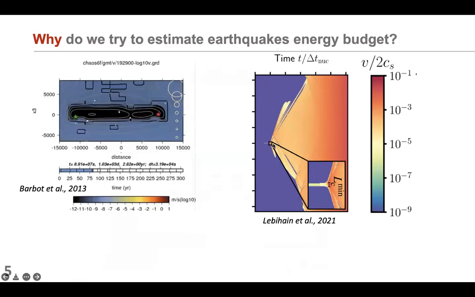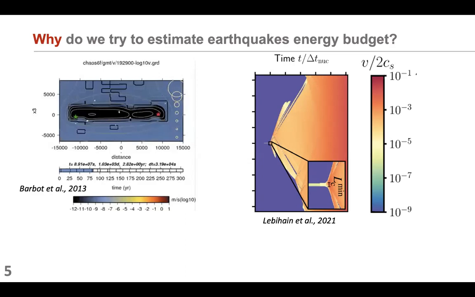It's a pure simulation that has been done by Mathias Lebihain. Here I'm showing the rupture of a heterogeneous fault system. You can see a first nucleation that occurs here with a crack propagation that arrests here. Then you have stress transfer that induces nucleation on other parts of the fault, until you have the rupture of the entire fault system.